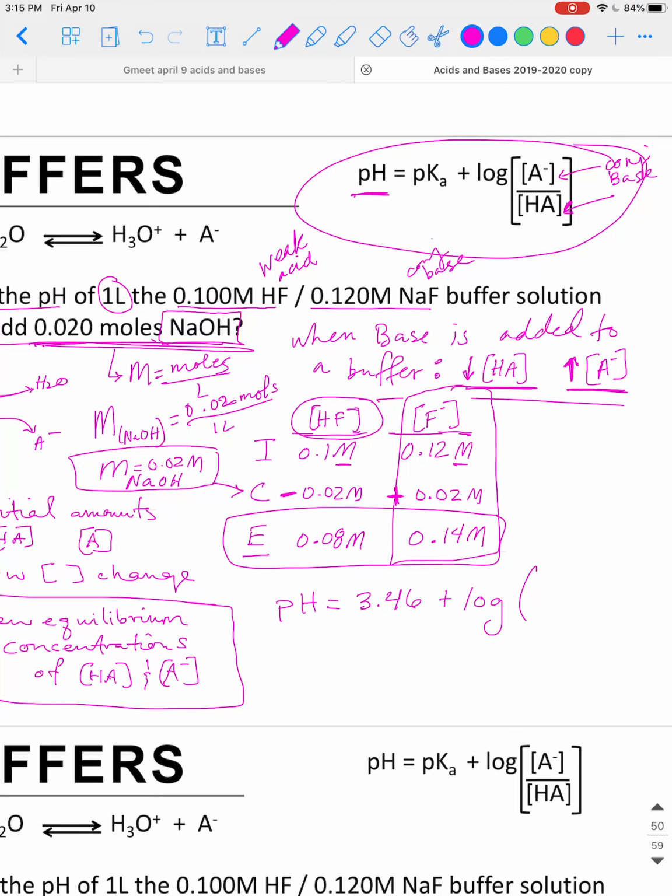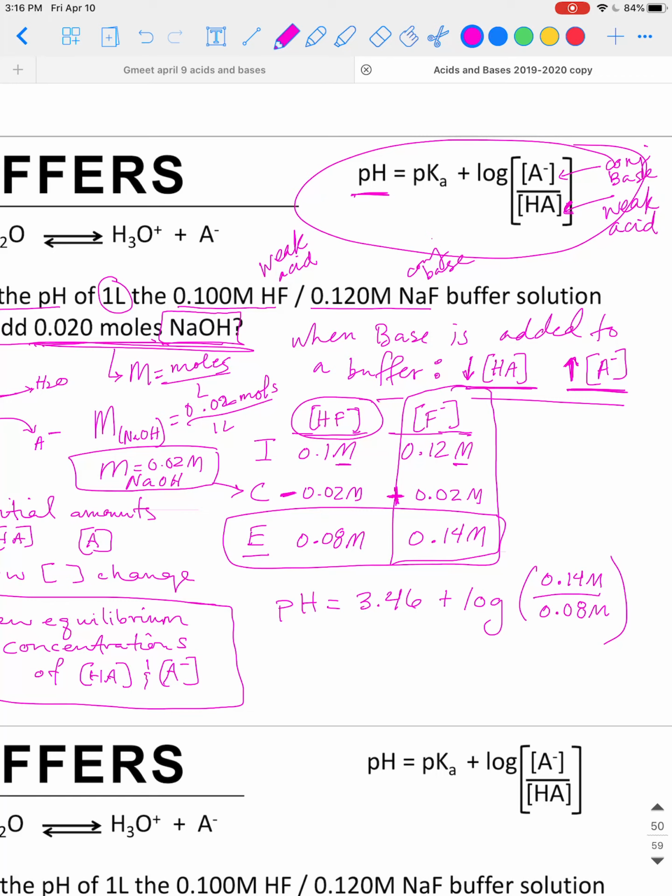So remember that F minus, this is our concentration of conjugate base. So the new concentration is 0.14 molar divided by, the weak acid goes on bottom, so 0.08 molar. Now we have a complete Henderson-Hasselbalch equation.